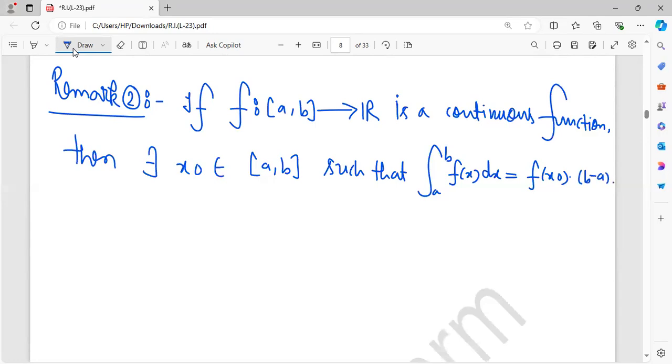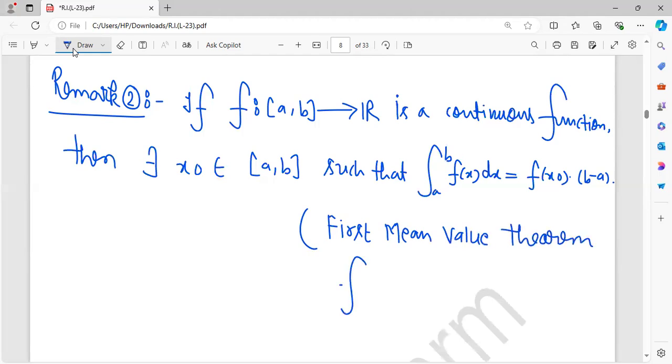So this is the first mean value theorem for continuous function. We have done it. Okay. So let's see its proof also.